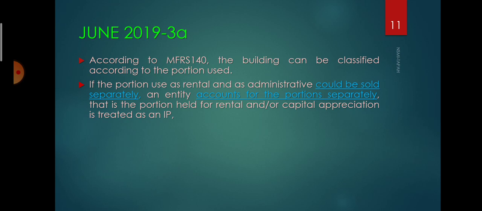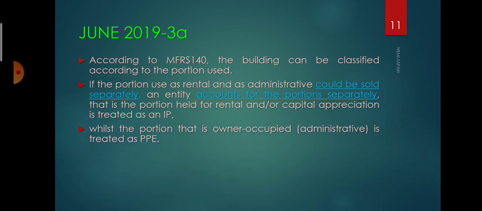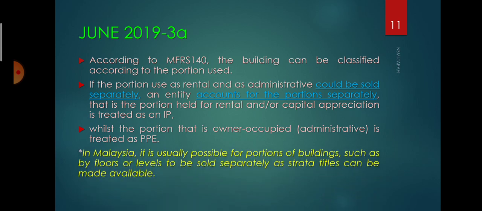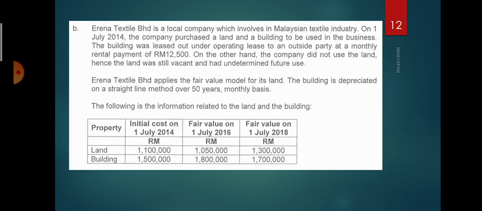That is, the portion held for rental and or for capital appreciation is treated as an IP, whilst the portion that is owner occupied, which is for the administrative purpose, is treated as property, plant and equipment as per MFRS 116 PPE. In Malaysia, it is usually possible for portions of buildings, such as by floors or levels, to be sold separately as strata titles can be made available.